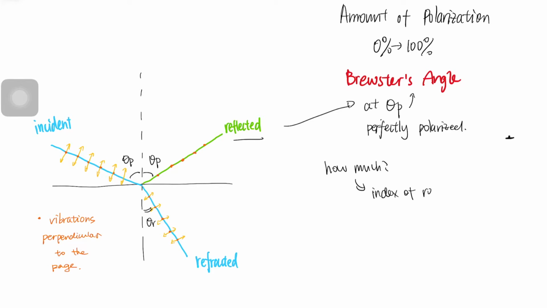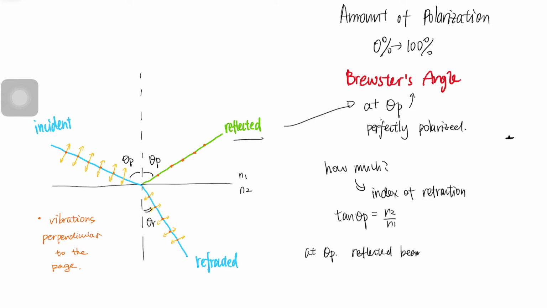The size of the Brewster's angle is related to the index of refraction of the two materials on either side of the boundary by the equation tangent theta p equals n2 over n1, where n1 is the index of refraction of the material in which the beam is traveling, and n2 is that of the medium beyond the reflecting boundary.